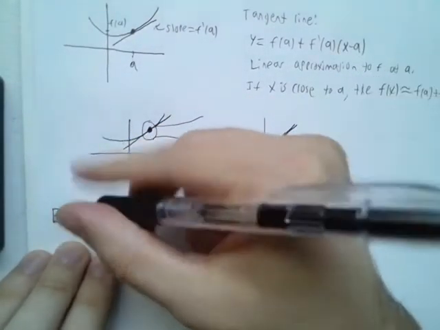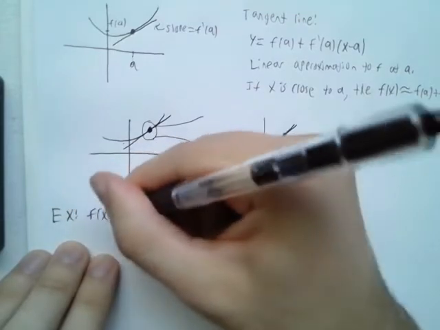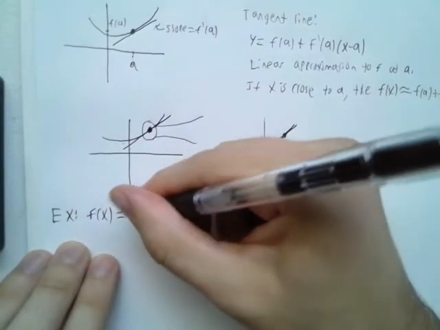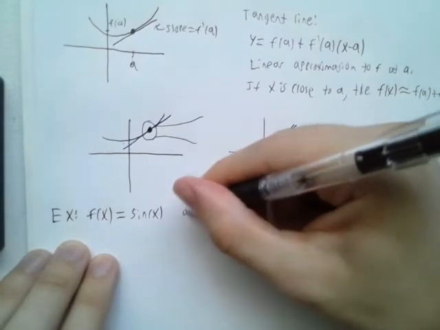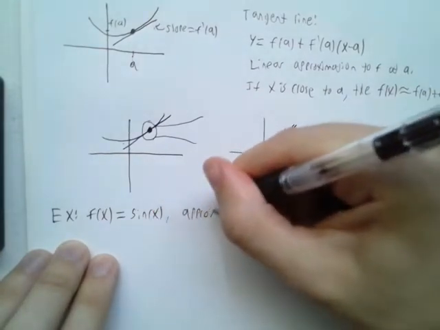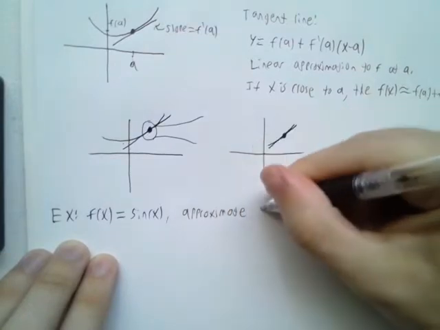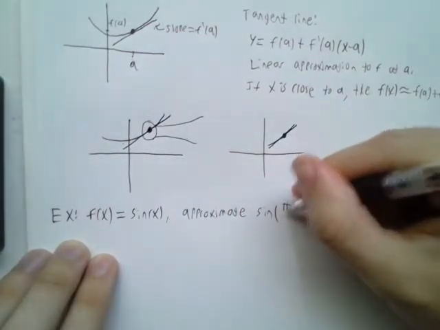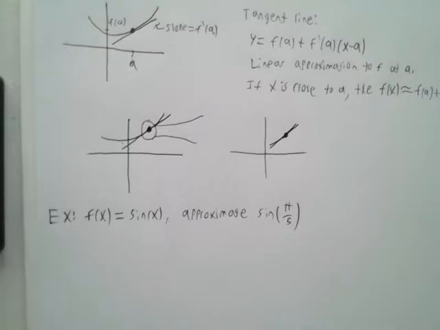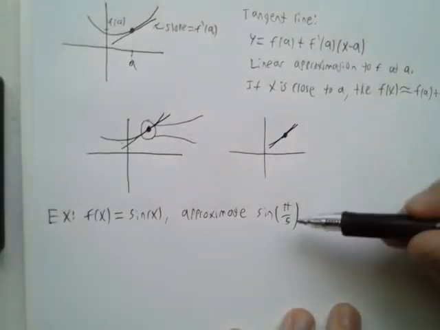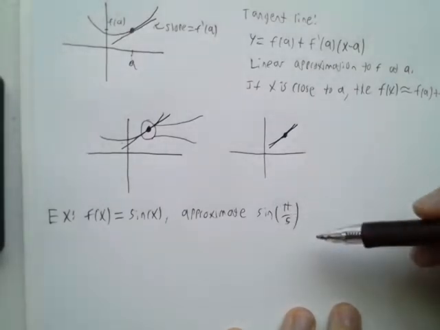Let's suppose we have the function f of x is equal to sine of x. And suppose you want to approximate sine of pi divided by 5. Sine of pi divided by 5 is not one of the common angles that we know, so we can't really figure this out without a calculator.